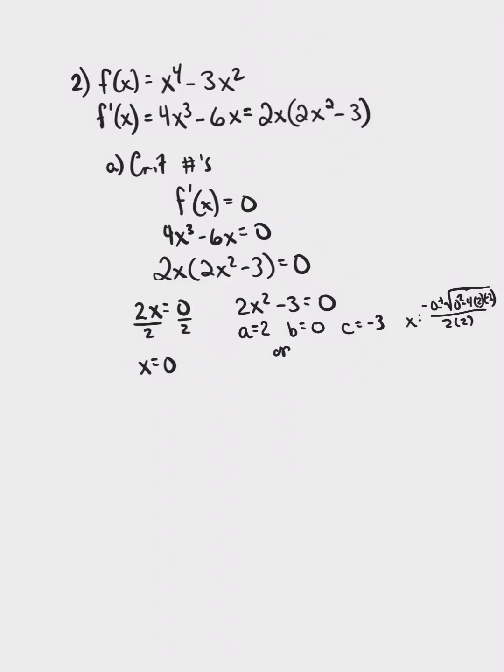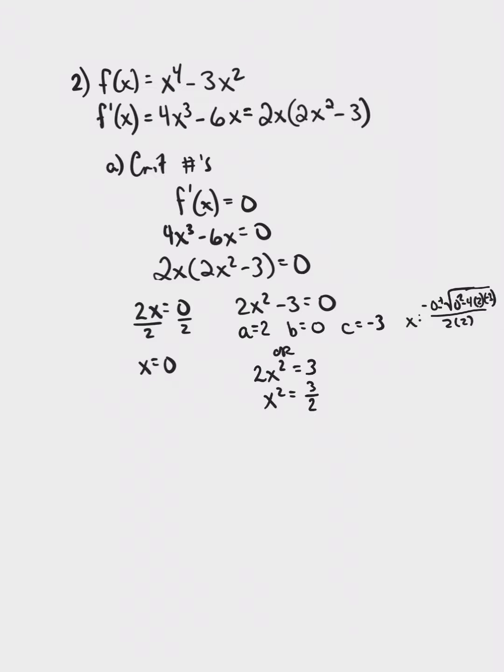Or if you're missing a middle term there, you can isolate. You just got to remember something. So we get x squared is equal to 3 halves. But you got to remember we're solving something in the xy plane. We're solving something about a graph.